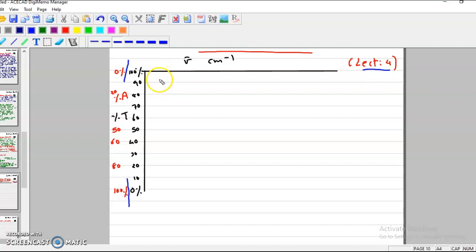Normally when a molecule absorbs infrared radiation, if the polarity of any polar bond changes, then it produces a signal or band. There are mainly three types of bands. Suppose this band goes like this.